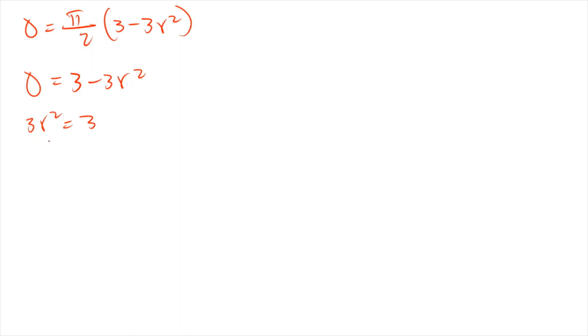Divide both sides by 3, so r squared equals 1. Take the square root of both sides, so r is equal to plus or minus 1. It does not make sense that the radius is negative 1, so we can just take the positive value. Therefore, r is equal to 1. The unit is foot.